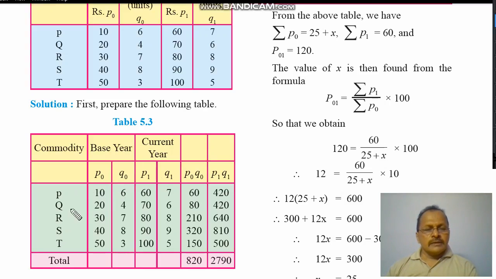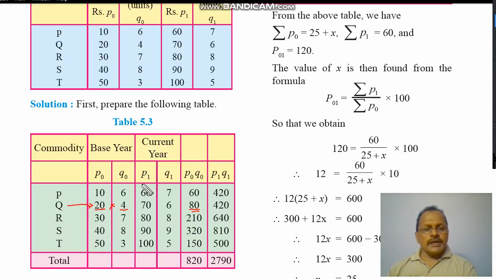Secondly, for the commodity Q, the base year price is 20, base year quantity consumed is 4, so 20 into 4, 80 is written here. Similarly for the others, 30 into 7, 210, 40 into 8, 320, 50 into 3, 150.